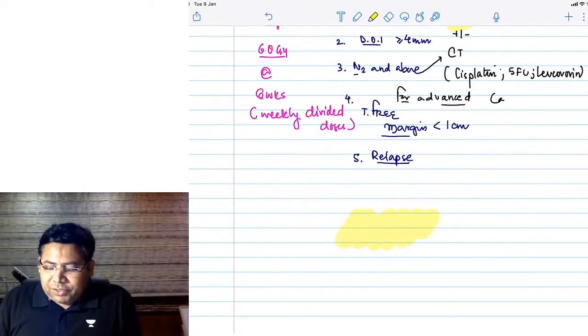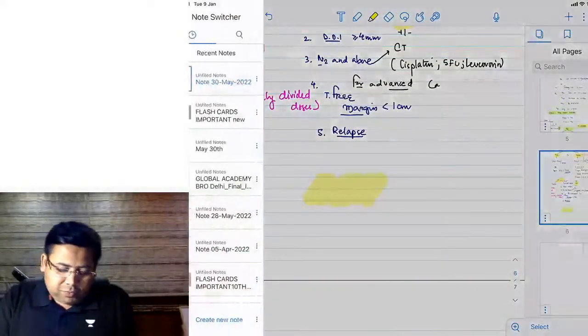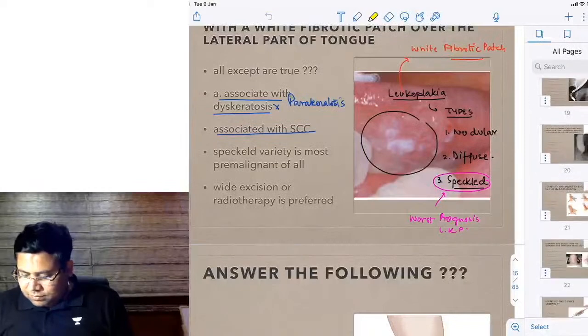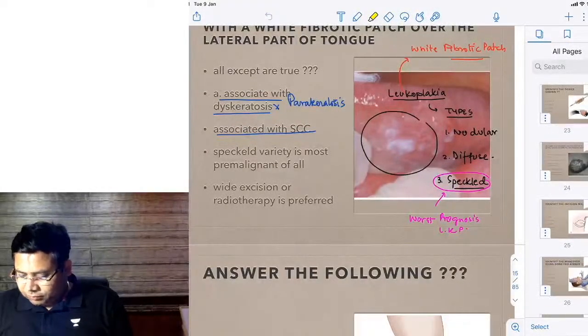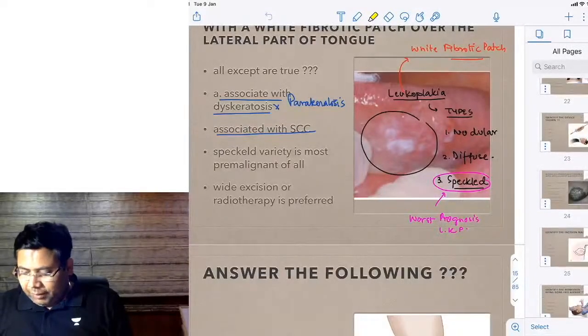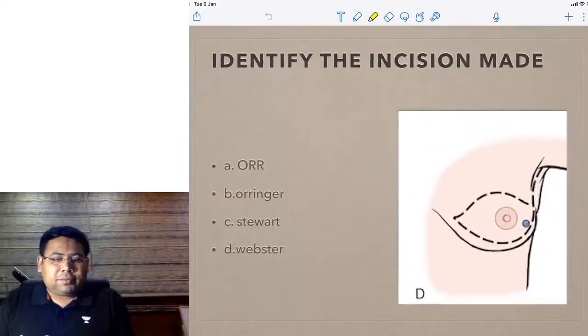Next, we get a question on lymph node dissections. Achha, let us do one more question. Tell me this question. What is this incision made?